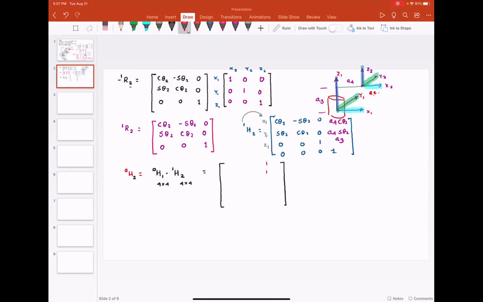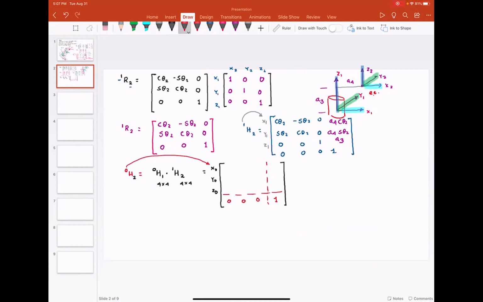That 4 by 4 matrix would have the structure similar to the homogeneous transformation that we talked about, 0, 0, 0, 1. Once again, this is with respect to x0, y0, z0, because our base frame is x0, y0, and z0.